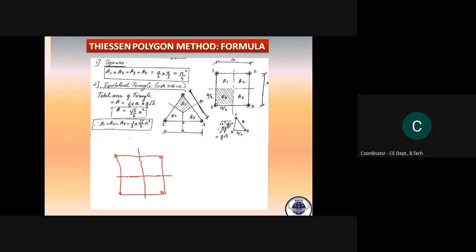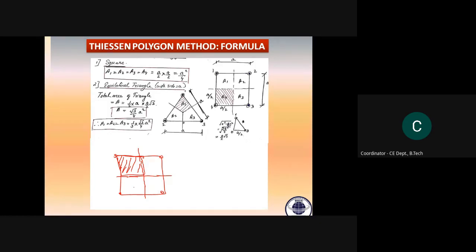Now we have to find this area. The boundary has not been given, so we will consider the area to be this one. For this corner rain gauge station, the Thiessen area will be this one, and for this one, this area, and for this one.